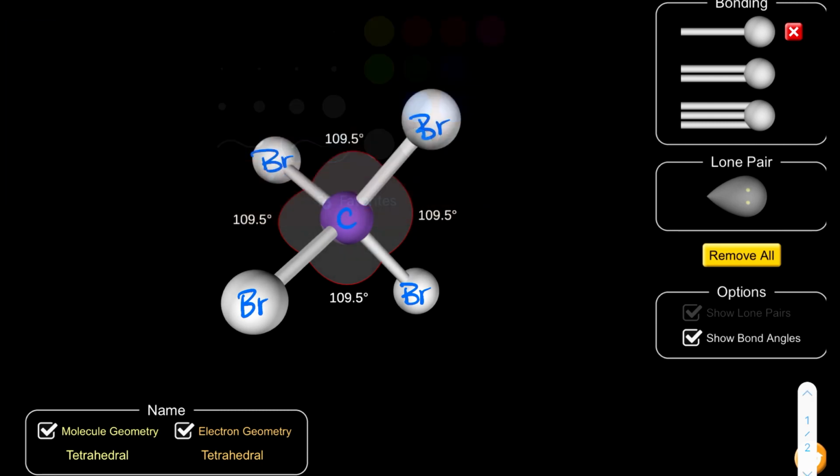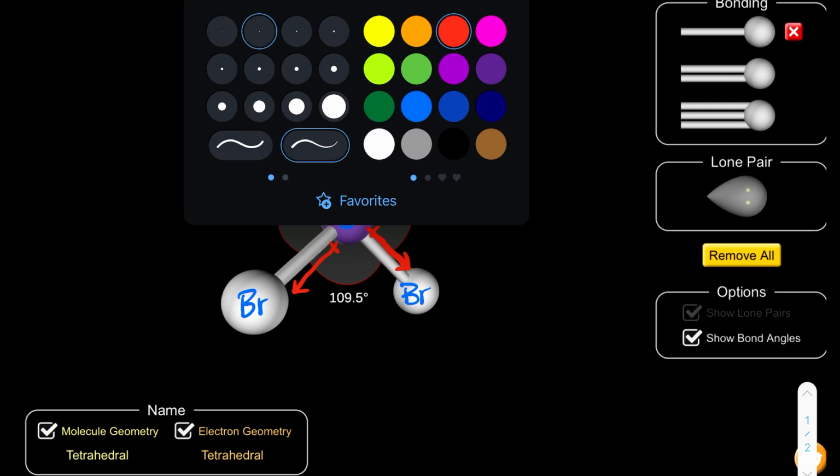So this means that bromine is slightly larger in electronegativity, and carbon is slightly positive, so bromine is slightly negative. So the dipole moment will be pulled towards the bromine. So we would draw a positive sign towards the carbon and then an arrow going to bromine since it's more electronegative.